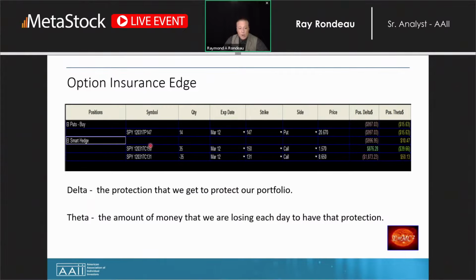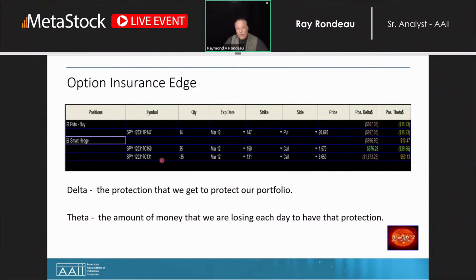The top position is a long put position, and for a dollar move down in the S&P 500 or the ETF SPY, you would make about $1,000 of protection. You can see it right here. It's listed as $997. The problem with the long put position is that it's going to cost you about $15.63 a day, as displayed in the position theta column.